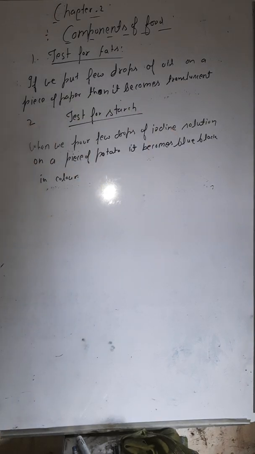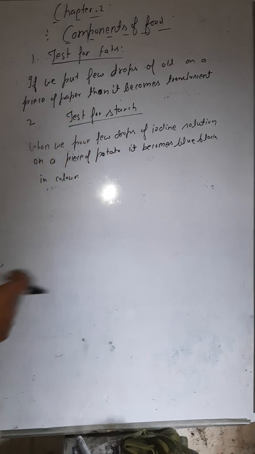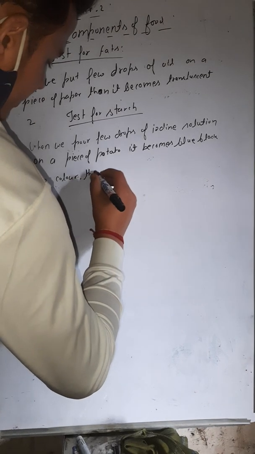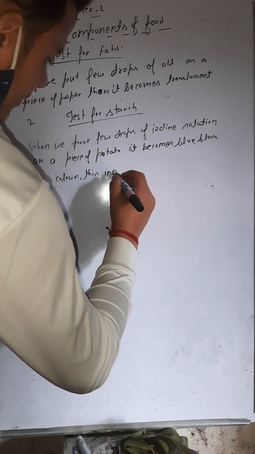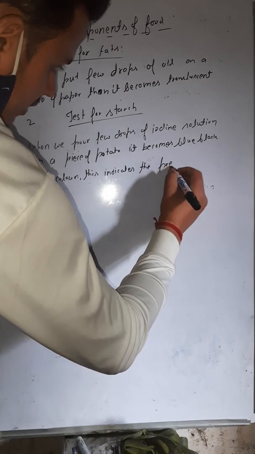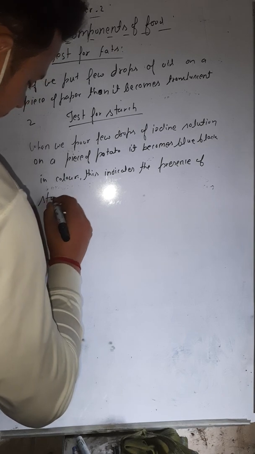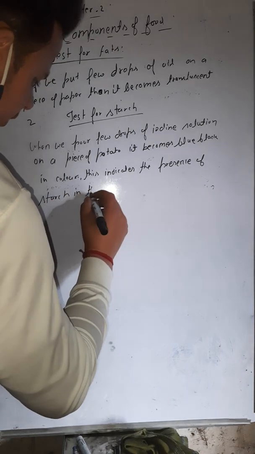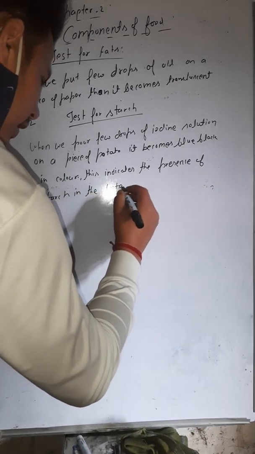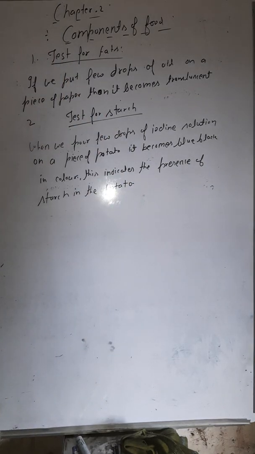Why is this so? This indicates the presence of starch in the potato, because there was starch in the potato. That is why the color has become blue black.